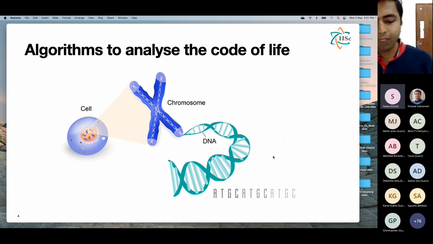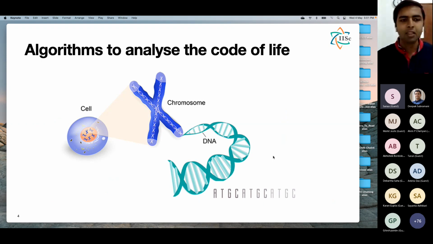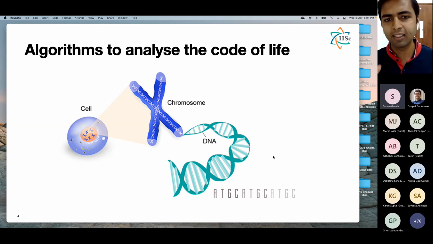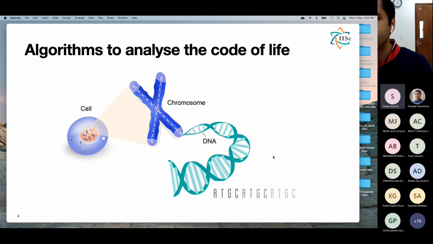So, what we do. As you may know, every living cell has DNA in it that codes for its function and structure. For example, in human cells, we have the human genome. Each cell has a human genome, which has about 3 billion DNA characters in it.